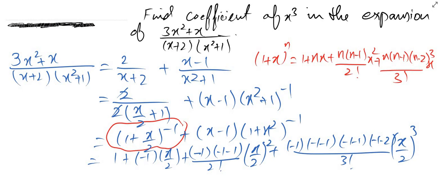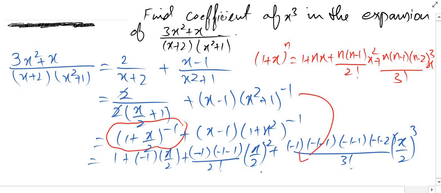We can write this expression here, there is little space. So x minus 1 into, this is actually 1 plus x square. So same formula, I am going to write it directly: 1 plus nx, this is not x over 2, this is x, so x square.